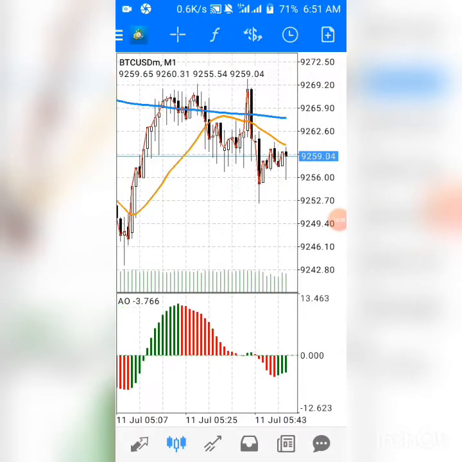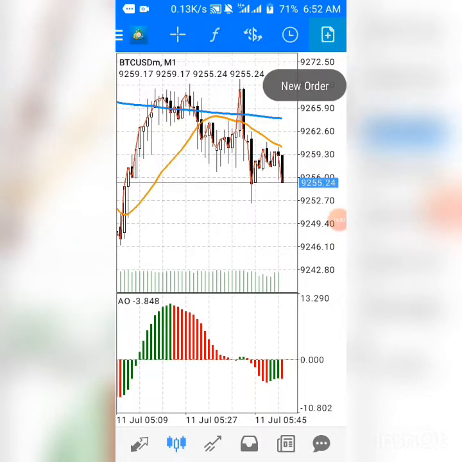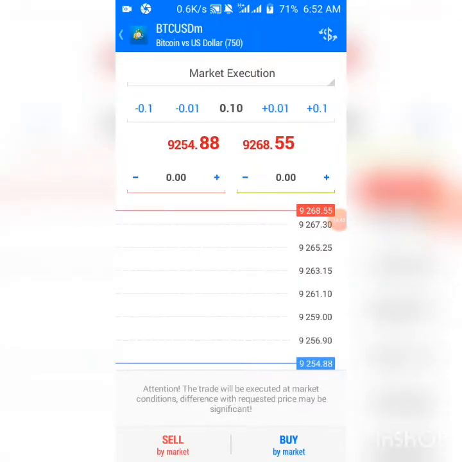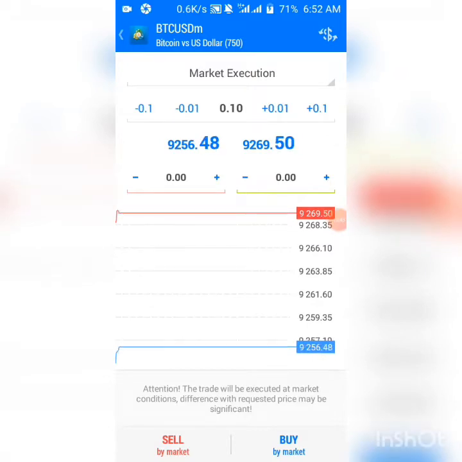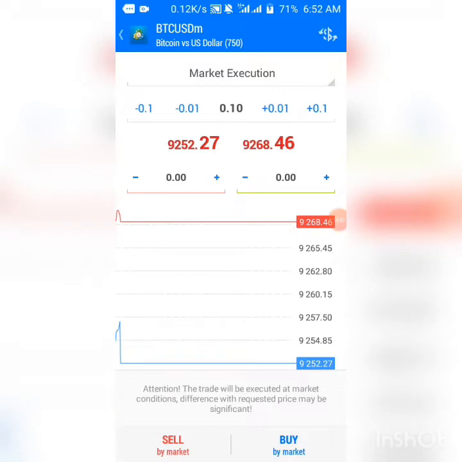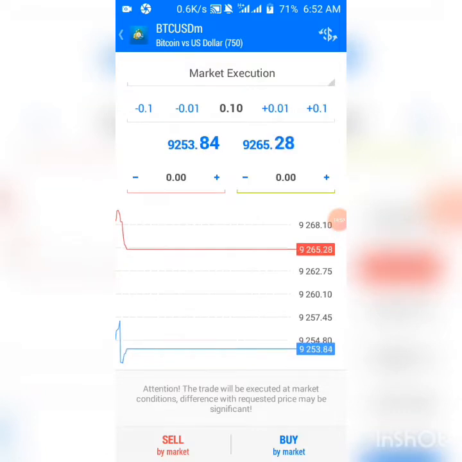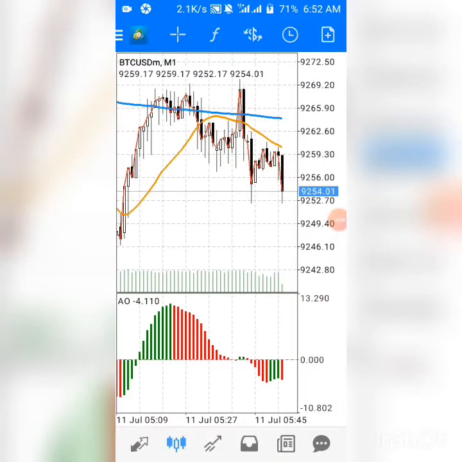Then the next is the new order button. You can see what's going on in the Bitcoin market. Bitcoin versus USD market is still on during the weekends. On the order, I press the top right button to allow me to make orders.